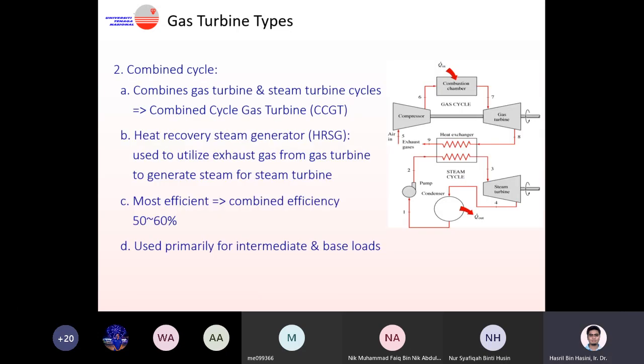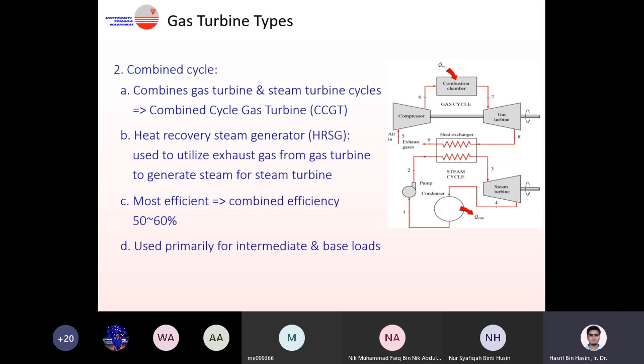You have a steam turbine cycle at the bottom, gas turbine cycle at the top in this diagram. The hot exhaust gas from the gas turbine is channeled into a steam generator, which is something like a boiler. But this boiler doesn't require any fuel because there is no combustion; they simply use the hot air from the gas turbine to heat up water.